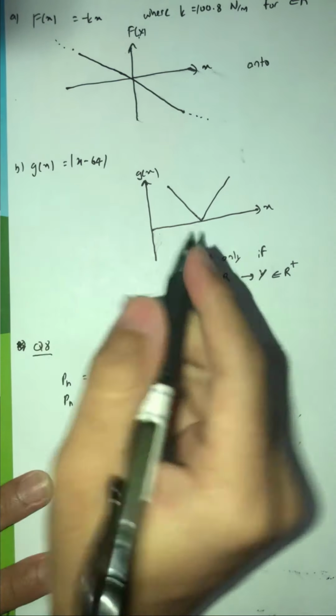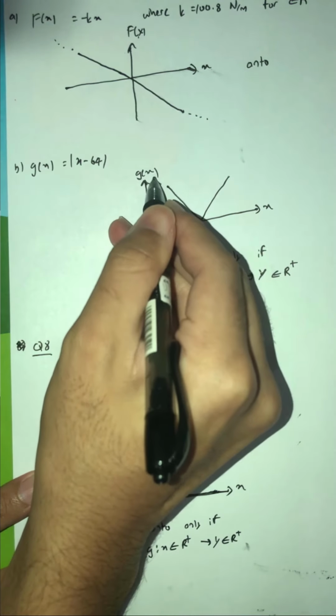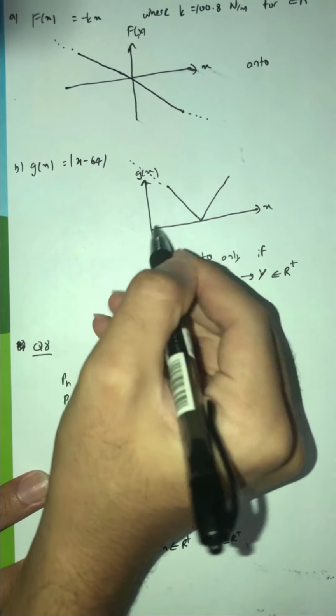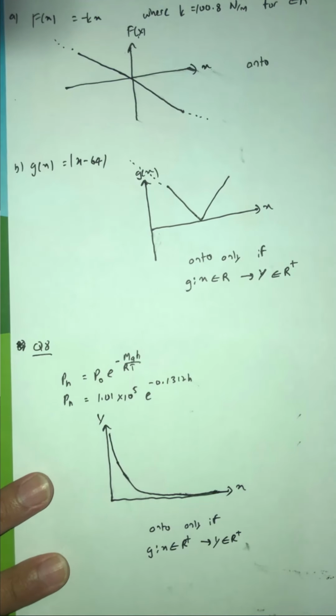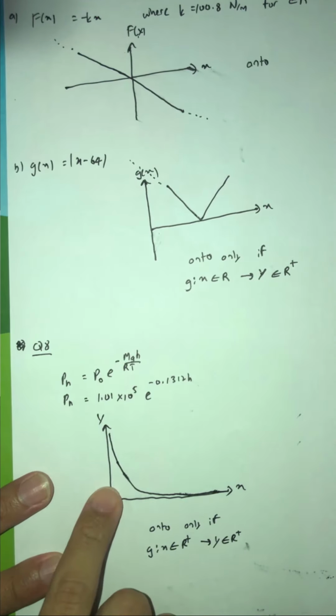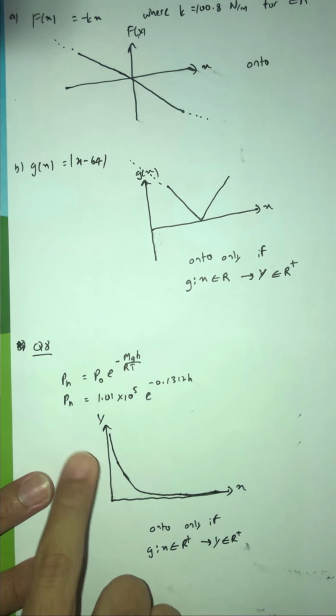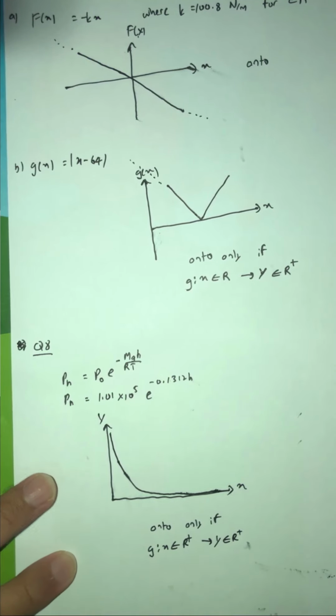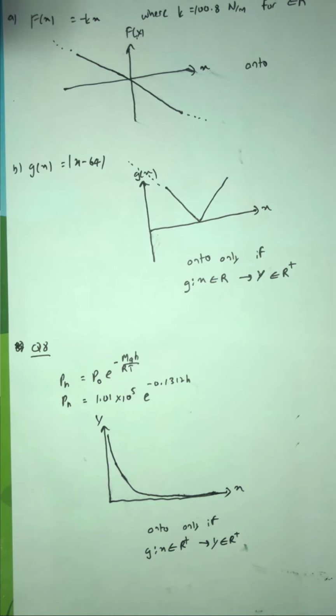Here there's a negative value of x, right? If you go beyond this to negative infinity, we'll have negative x, but this will never have a negative value of x. Okay, that's it for question 8. Let's continue with question 9.